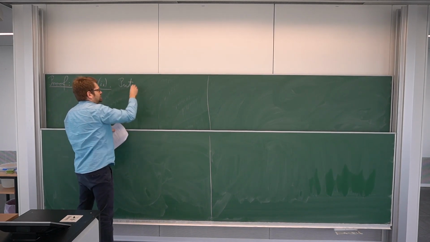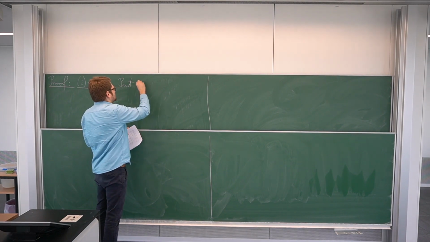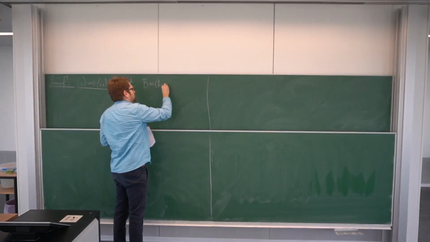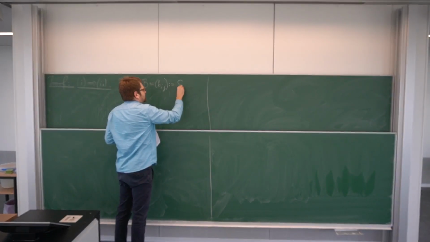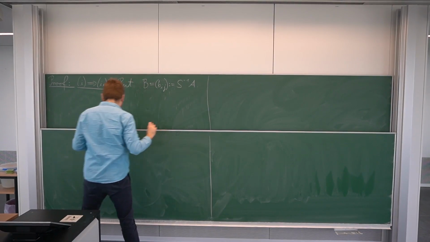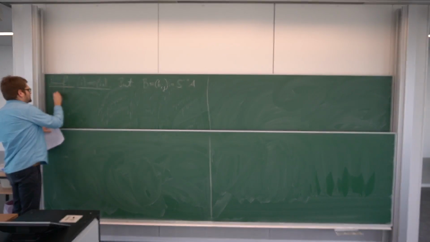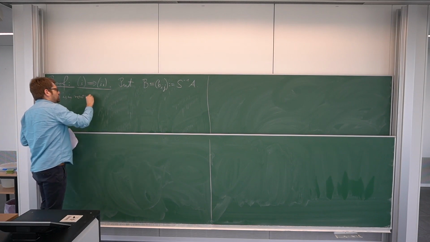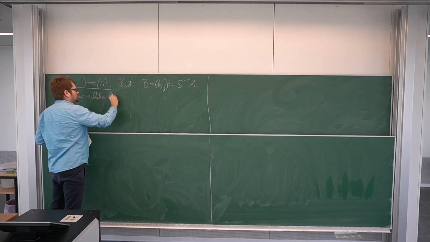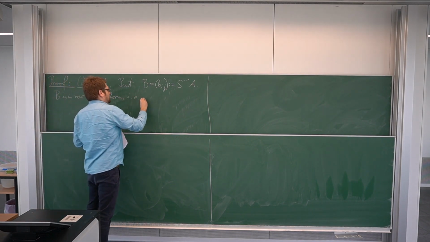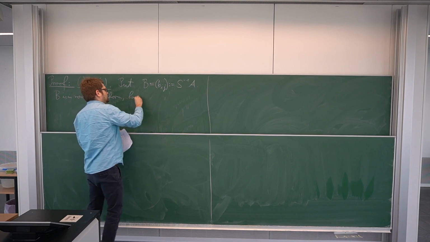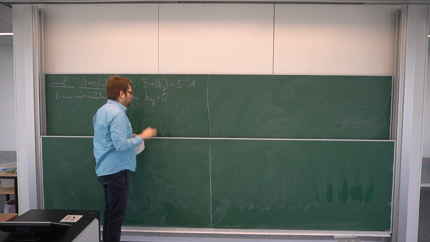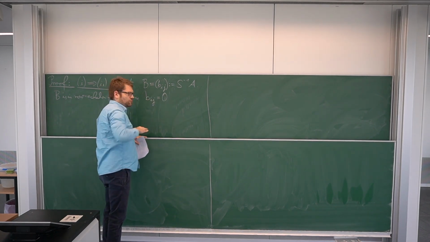First of all, this matrix, which is in row echelon form and row equivalent to A, we denote by B and denote its entries by bij, and define it as S minus 1 A. It was constructed in this way so that B is in row echelon form, which means that bij equals 0 for all bij in the rows below the rth row.